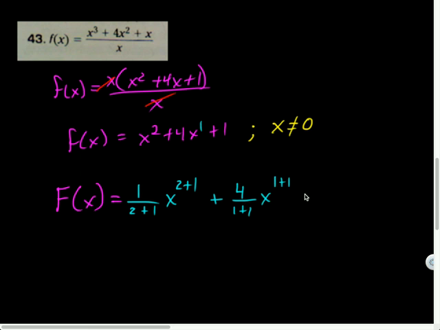And then I would have plus 1 over 0 plus 1 times x to the 0 plus 1. It's times x. Plus C, because there's some constant value that I could have taken the derivative of that would have brought me back to a plus 0, okay?